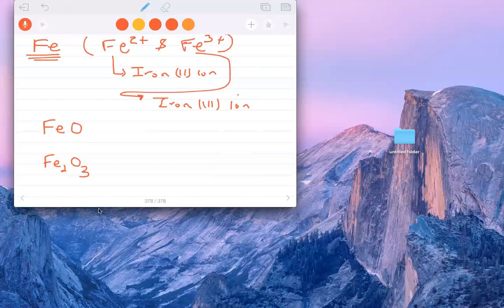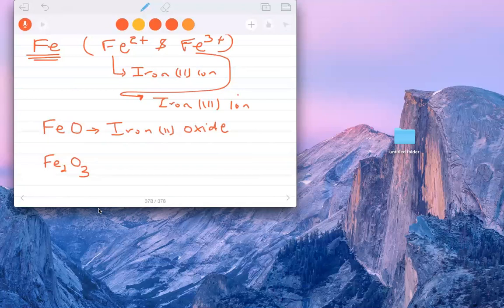If the cation forms more than one charged particle, you have to indicate the Roman numeral. This will be named iron 2 oxide, not iron oxide. You have to specify the charge on the cation.